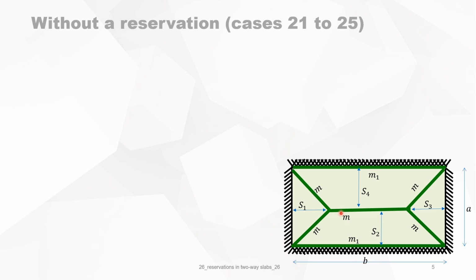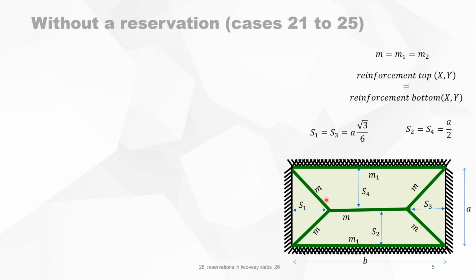It's not necessary that m1 is equal to m, but because in most cases we assume that the reinforcement in the bottom of the slab is the same as in the top of the slab, we choose for our calculations to use m1 equal to m. But it's not really necessary. You can easily use m1 as m times the proportion of the area in the top reinforcement to the area in the bottom reinforcement.